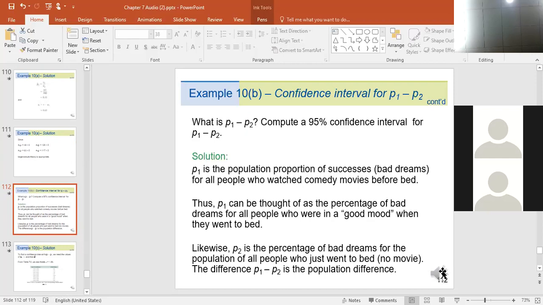Anybody has it? If you have questions, let me know. Don't mind the fact that I'm rushing it, because if you do this, we are done. Yes. You don't really need p hat.